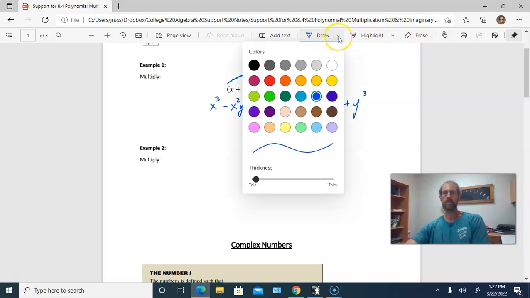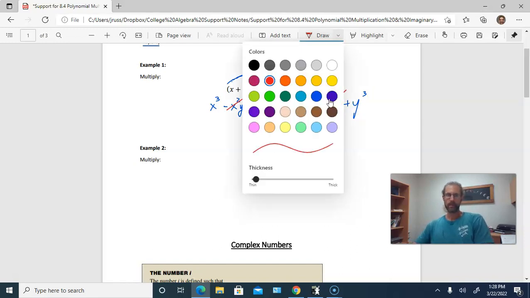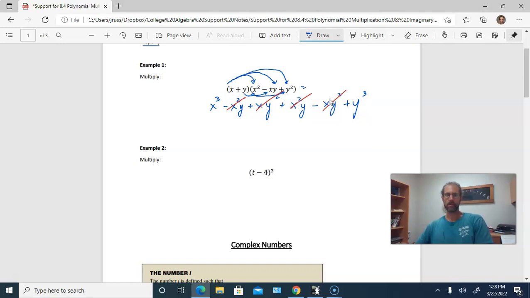And when those combine, they're going to cancel, guys, or in other words, become 0. And then this term xy squared with negative xy squared, the same thing occurs. So we get lucky because most of those terms cancel out, and we're just left with x cubed plus y cubed.